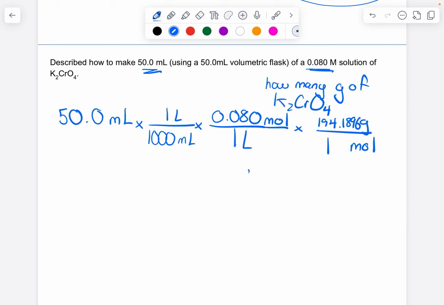So this comes out to be 0.77, just two significant figures, so 0.78 grams of potassium chromate. And as far as a description, you would say you add 0.78 grams of potassium chromate to the volumetric flask, add some water, mix it up, then finish it off so that the total volume is 50 milliliters.